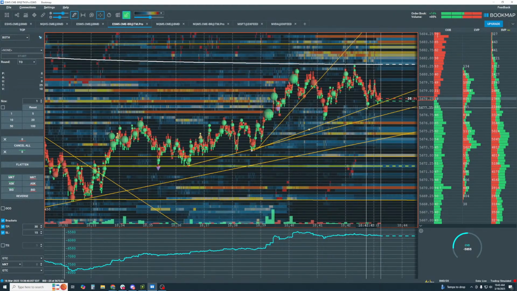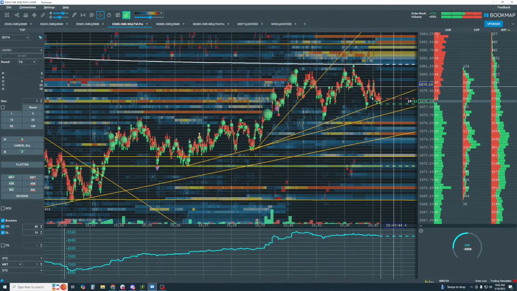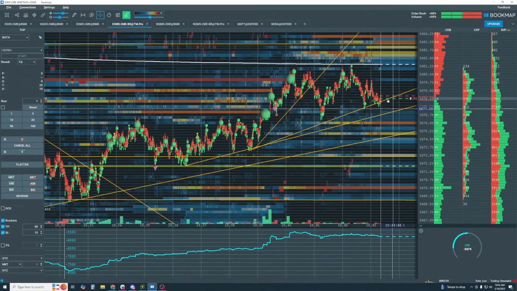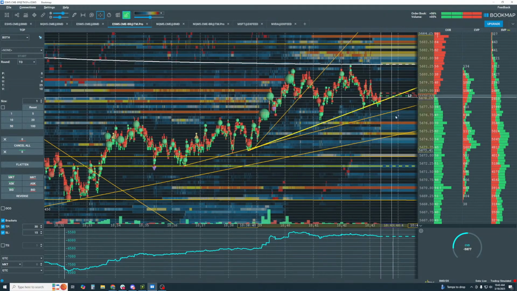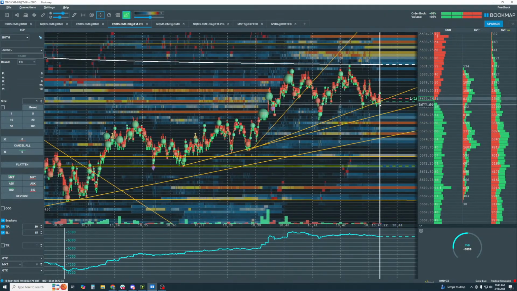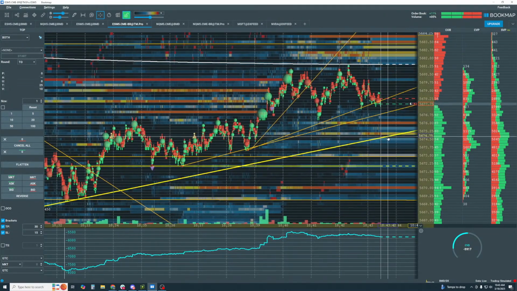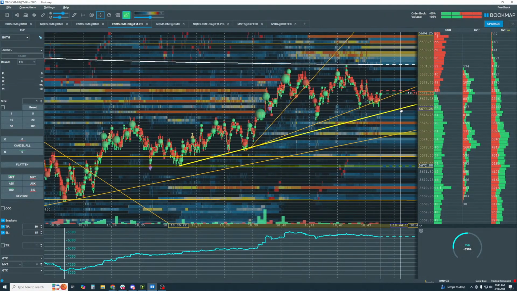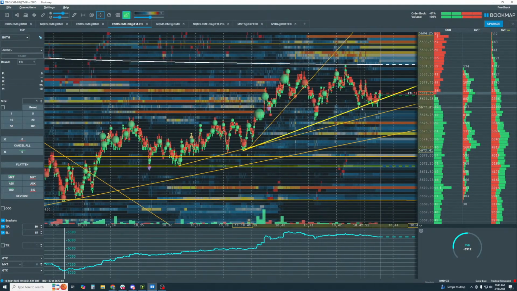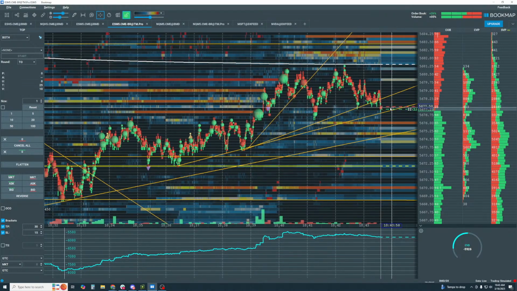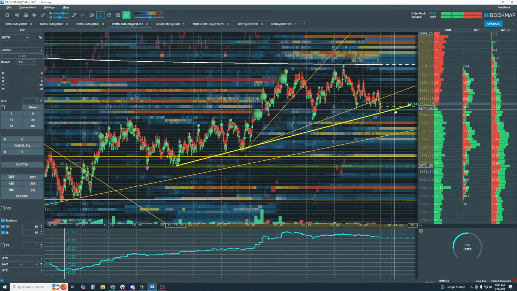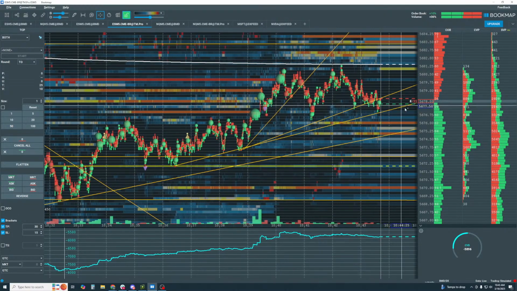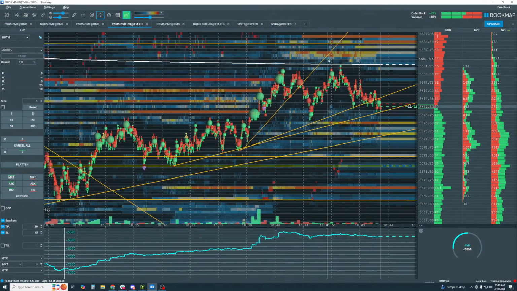Here might be your 1, 2, 3. Now we're looking to see if we can break some structure, see the sellers come in, and then get the test to the backside of the trend, or a low volume pullback into the same area, that will help us confirm the potential reversal.